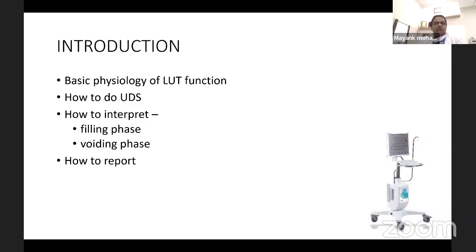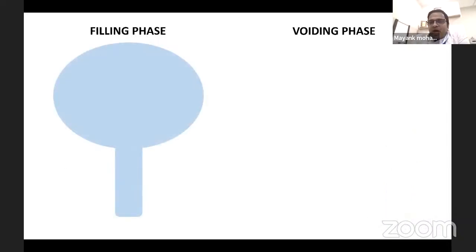Now, before we go to how to do urodynamics, we have to refresh our memory of how the lower urinary tract functions. During the filling phase, we know that the detrusor muscle remains relaxed and the internal and external sphincters remain contracted.